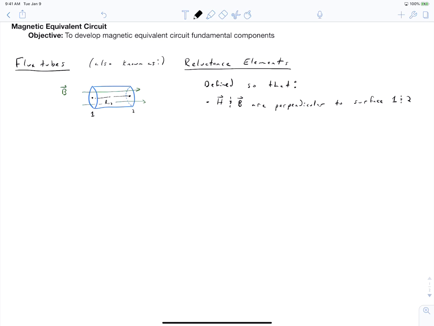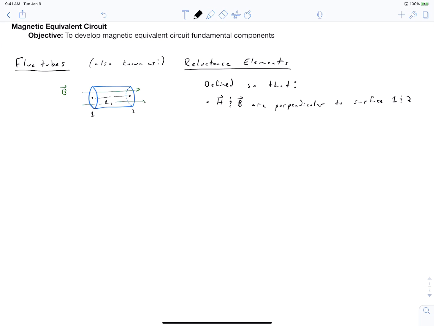And when I say that we defined it, it means that we've taken our cross-section of magnetic material and we've identified a path in that magnetic material that this will be true. And when we identify that path, then we can say that there's a flux tube here or there's a reluctance element here.